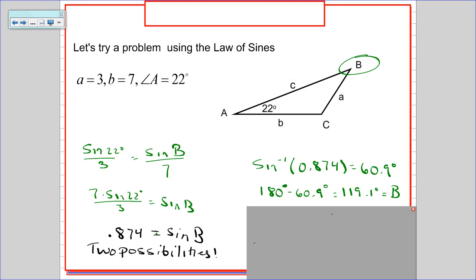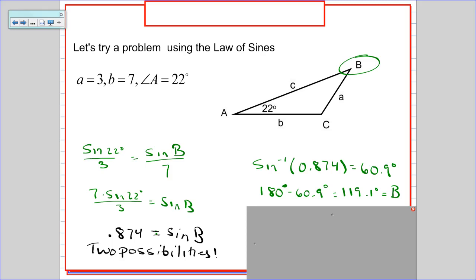So the relationship here is that two angles have the same sine if they are supplementary, because they would have the same height in the unit circle. So if we do 180 minus 60.9, that's how we find that 119.1. If you check the sine of 119.1, you're going to get that same 0.874 number.